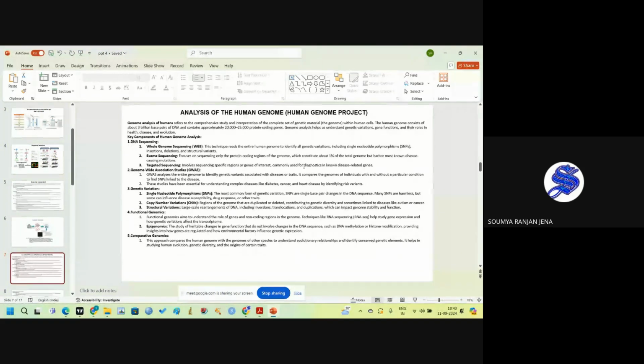Then the key components of human genome analysis: first is DNA sequencing. First, we have to sequence the DNA by whole genome sequencing. Previously, we have discussed this technique.